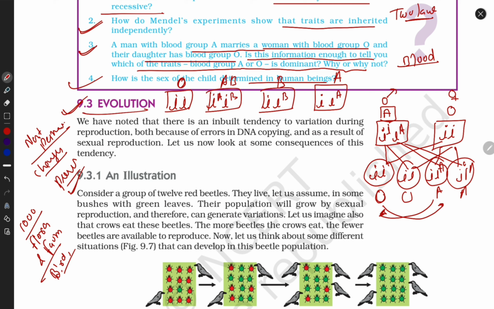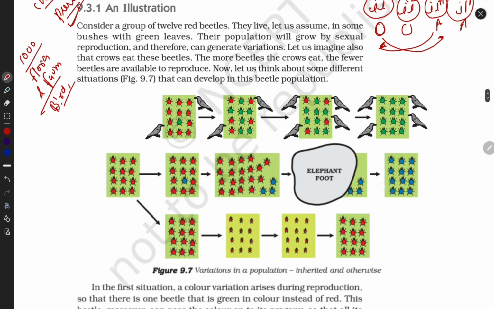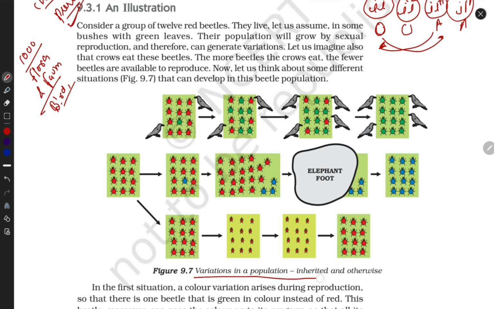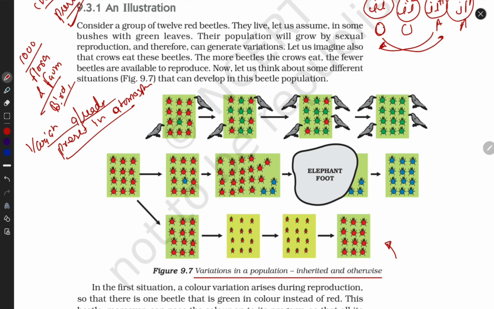Evolution is a change, not static. Change over and over again. Look at here. Variation in population is inherited, and look at what they want to explain here. They said that variation is already present in the atmosphere.